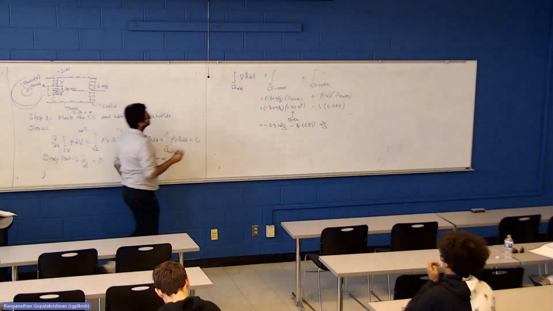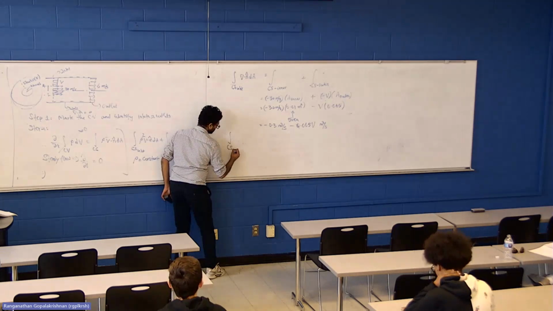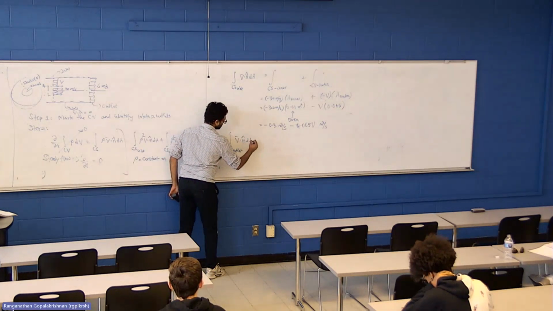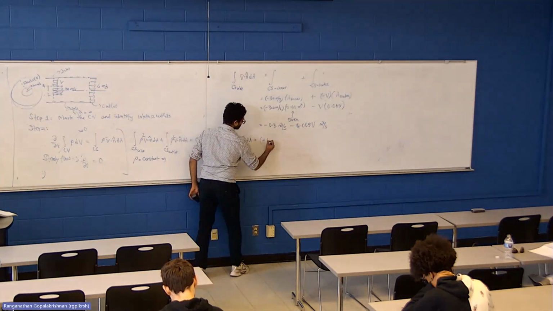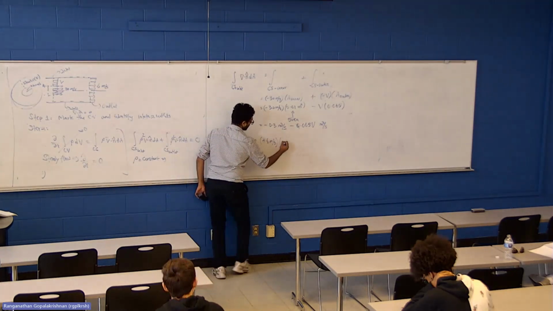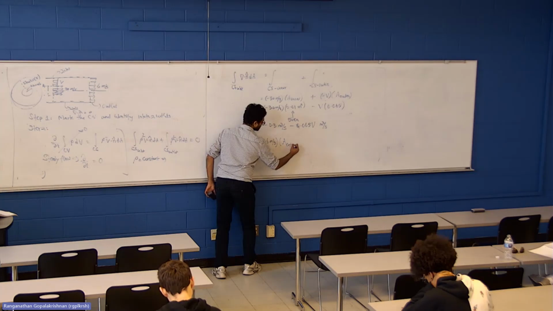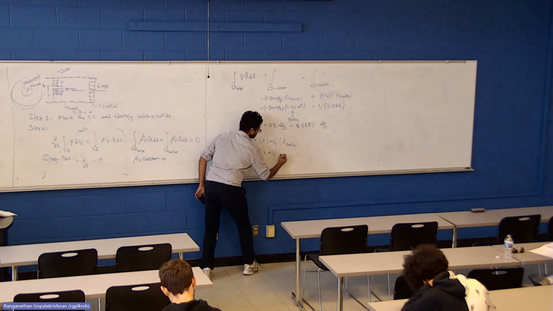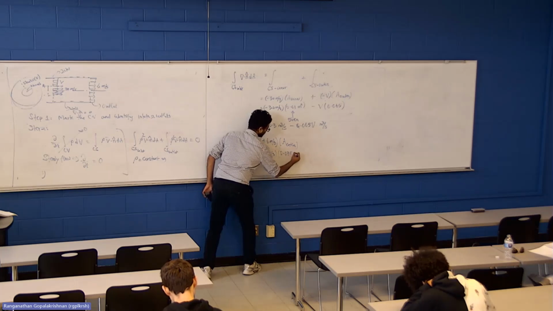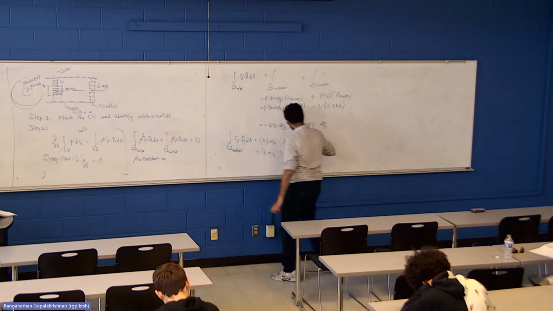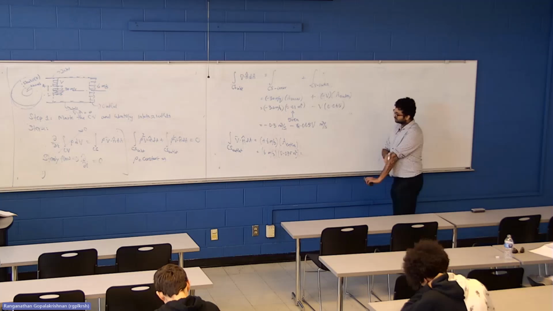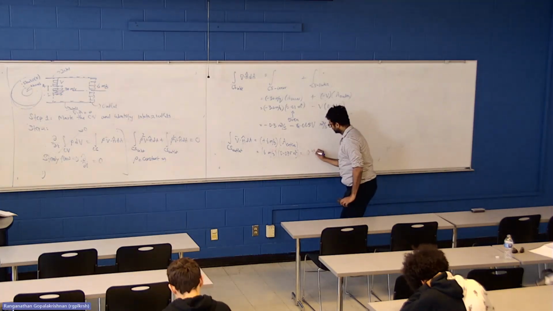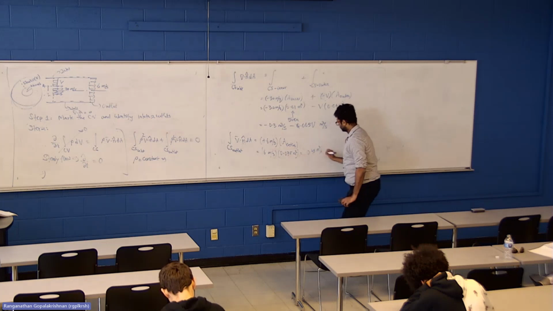What about outlet? Integral CS outlet V dot N dA is equal to plus 6 meter per second times area of the entire cross section, which is 6 meter per second times 0.075 meter squared, which is how much? What is 75 times 6? 0.45 meter cube per second.